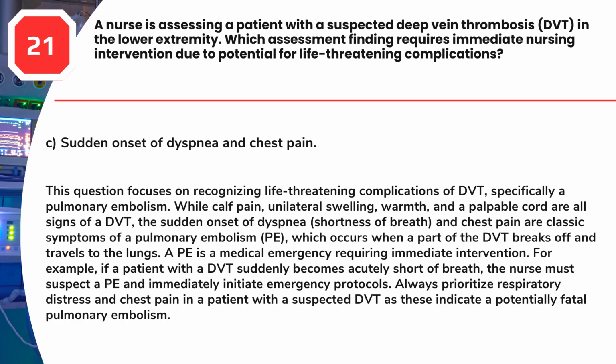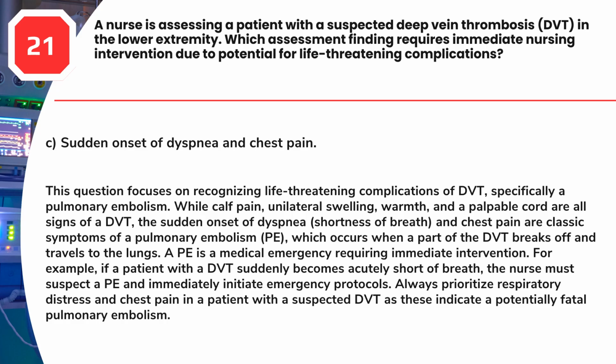A PE is a medical emergency requiring immediate intervention. For example, if a patient with a DVT suddenly becomes acutely short of breath, the nurse must suspect a PE and immediately initiate emergency protocols. Always prioritize respiratory distress and chest pain in a patient with a suspected DVT, as these indicate a potentially fatal pulmonary embolism.